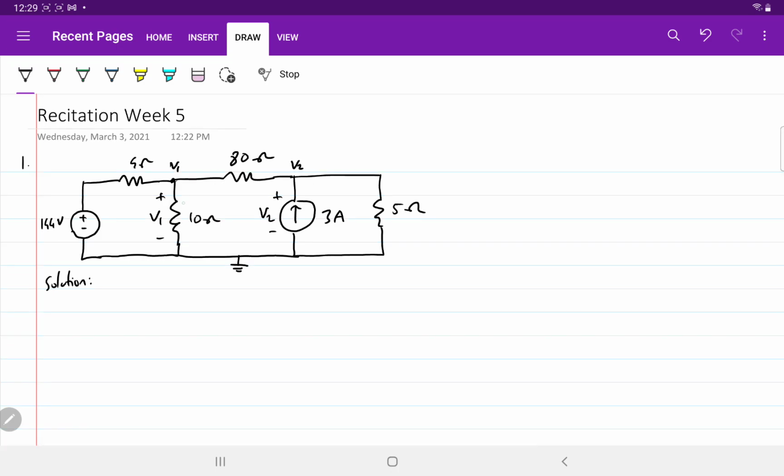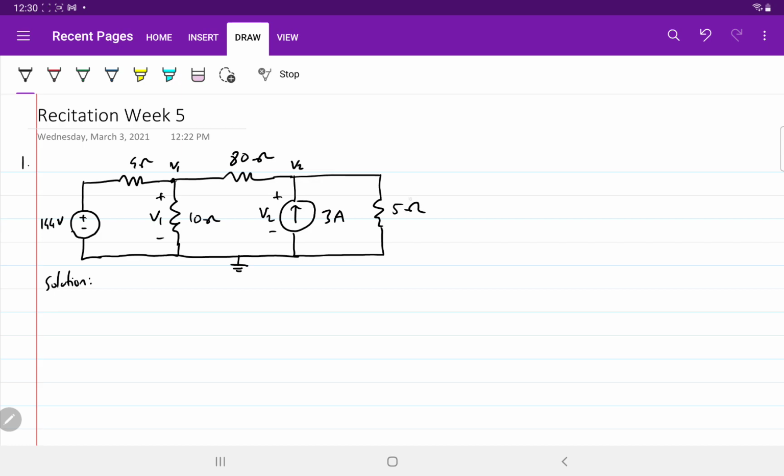So if you want to measure the voltage across this 80 ohm resistor, you will put your meter on V1 and the other on V2, two terminals, and the voltage reading is V1 minus V2.